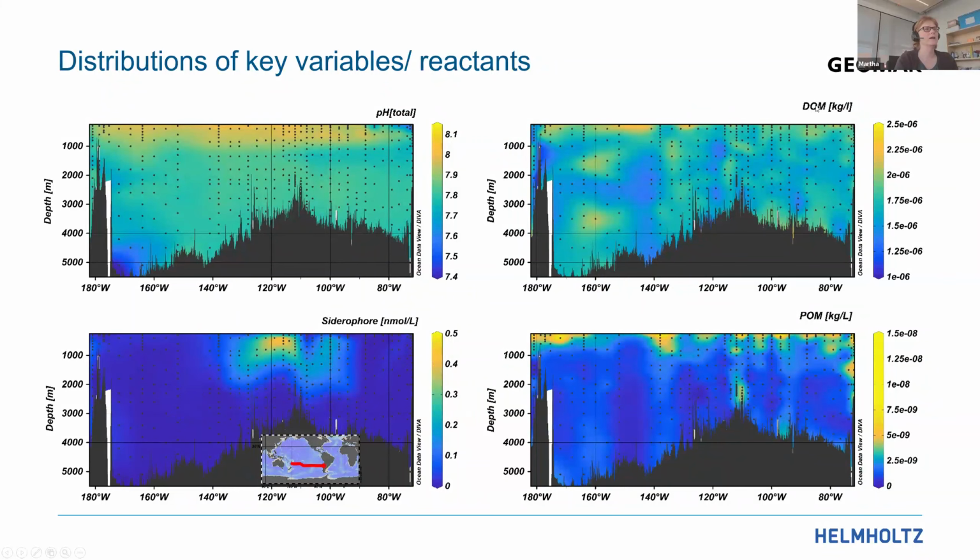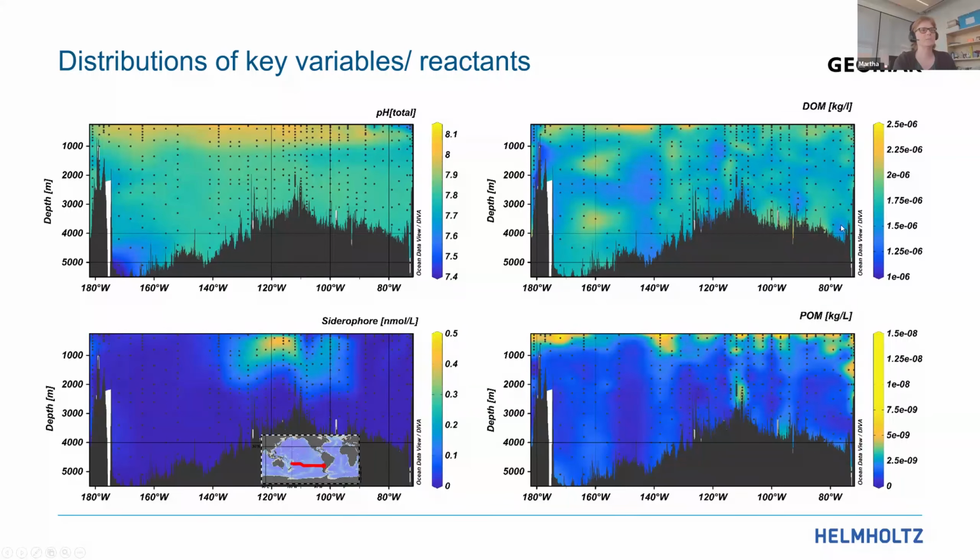Note this is dissolved organic matter in kilograms per litre, and we get this from the dissolved organic carbon concentrations and a conversion factor. We have siderophore concentrations, which we determined using solid phase extraction, followed by chromatography and mass spectrometry. And then we also need the POM, the particulate organic matter concentrations, again in kilograms per litre for our chemical model.